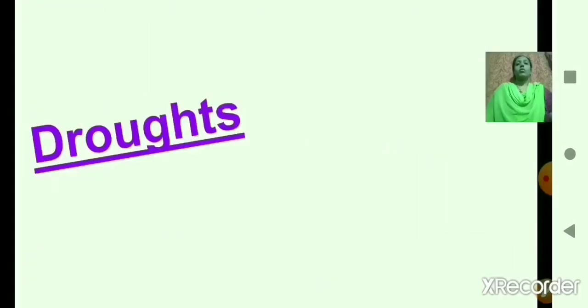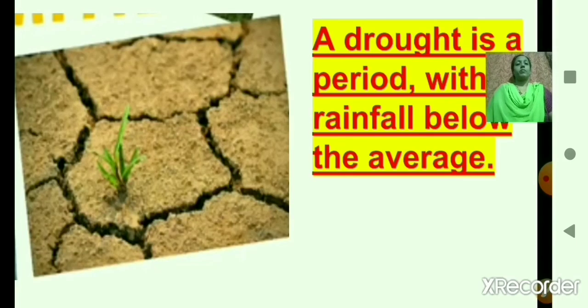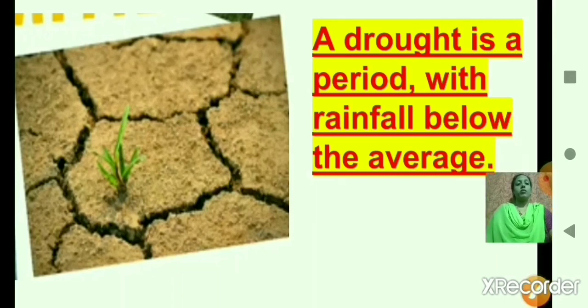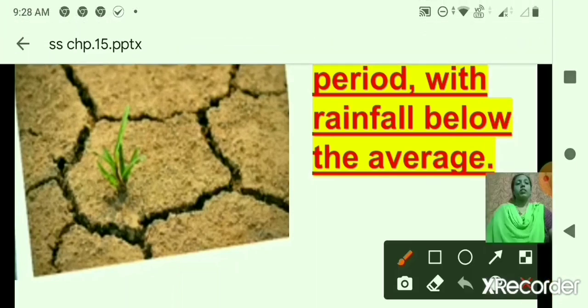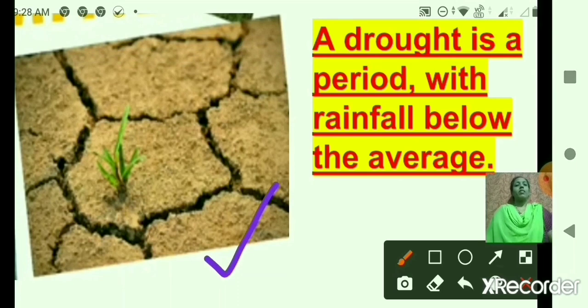Now let us start with our new topic, that is droughts. Now children, this is the image. Now what comes into your mind looking at this image? Yeah, there are cracks on the ground. Yes. So that means the area over here is completely dry, isn't it?